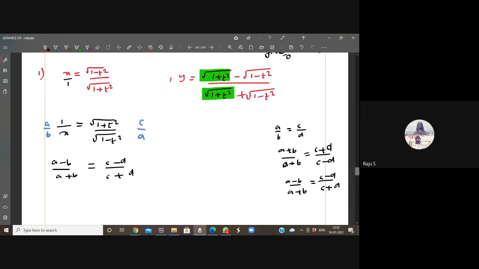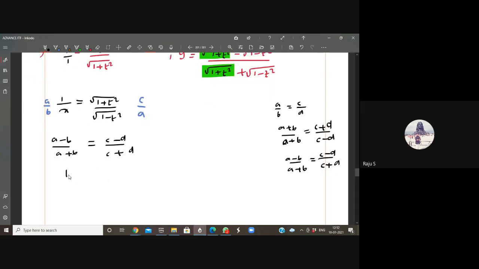Apply here, so 1 minus x by 1 plus x, shall I write it as y? Is it clear, students? Because c minus d over c plus d is root over 1 plus t square minus root over 1 minus t square by root over 1 plus t square, plus. So we'll get this value directly when I apply it. Finally, y is equal to 1 minus x by 1 plus x.